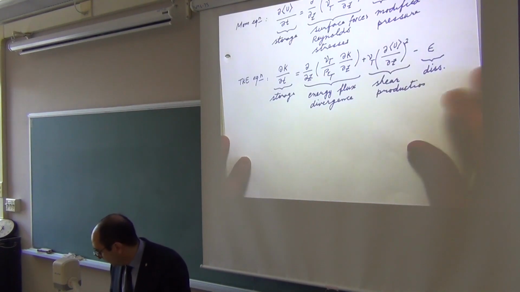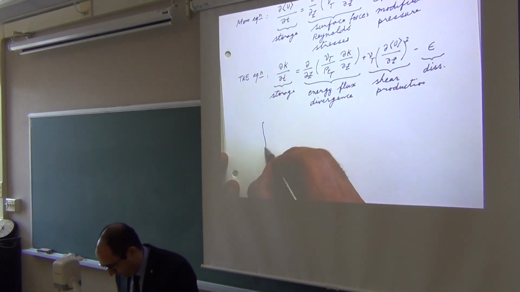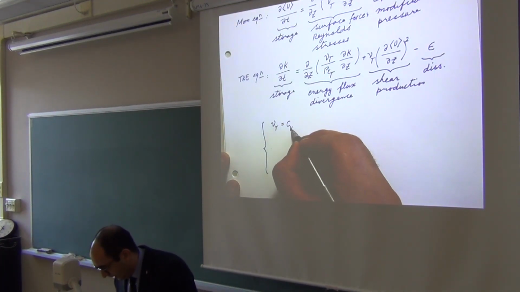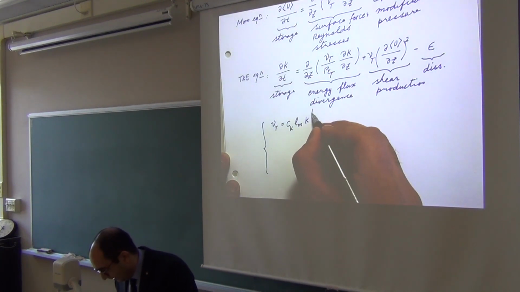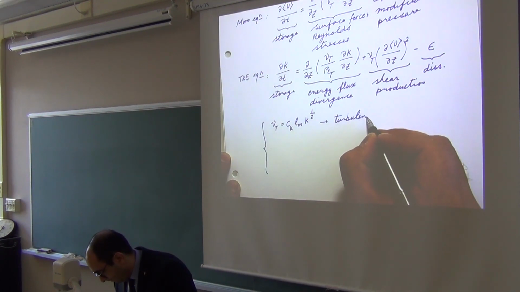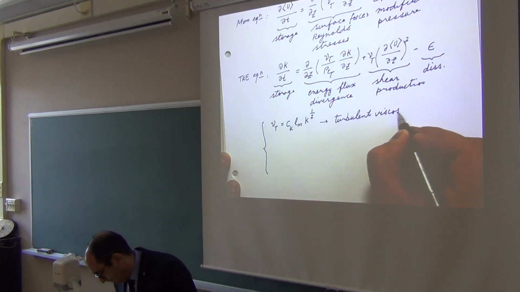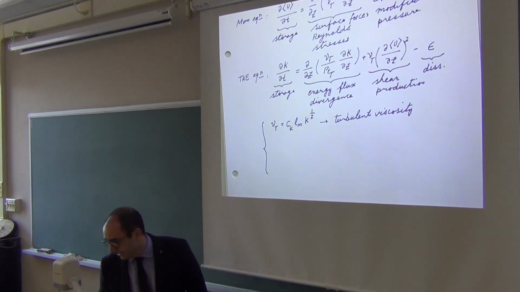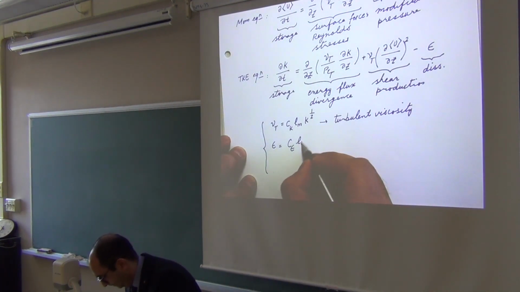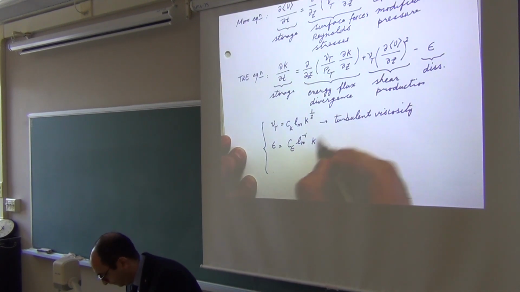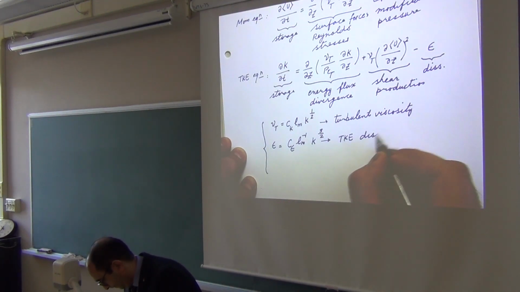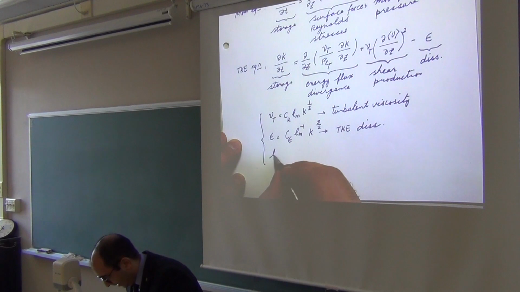Okay, so for completeness, I'll just rewrite. C K L M, K to the power half, that's the turbulent viscosity. Then epsilon is C epsilon, TKE dissipation, and mixing length.